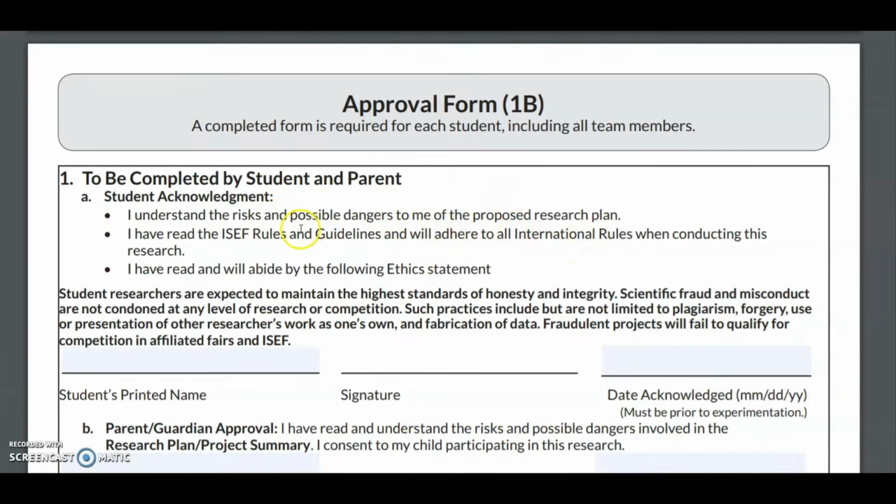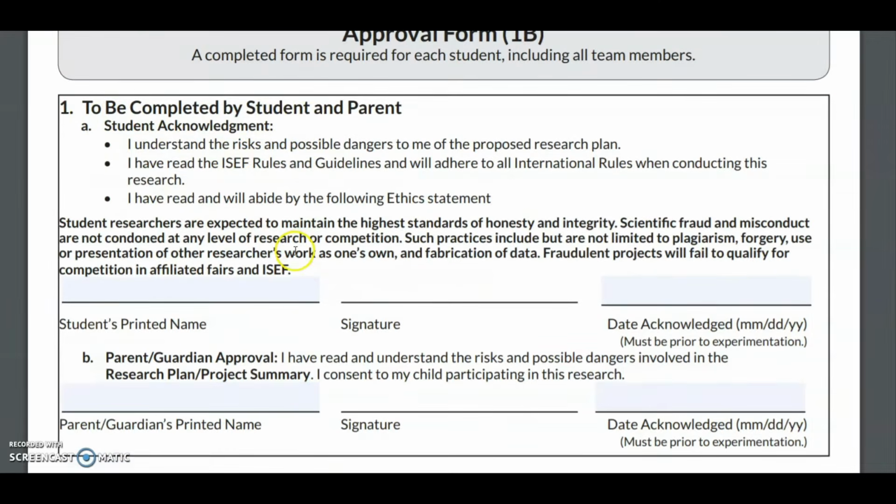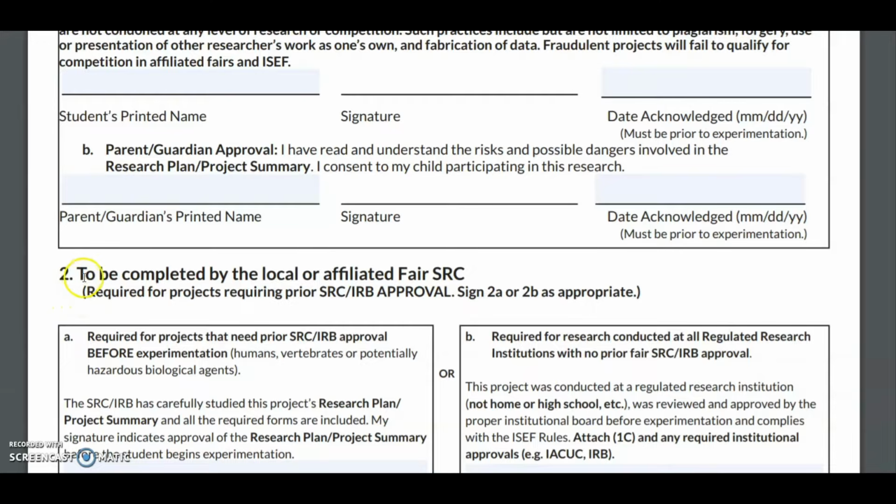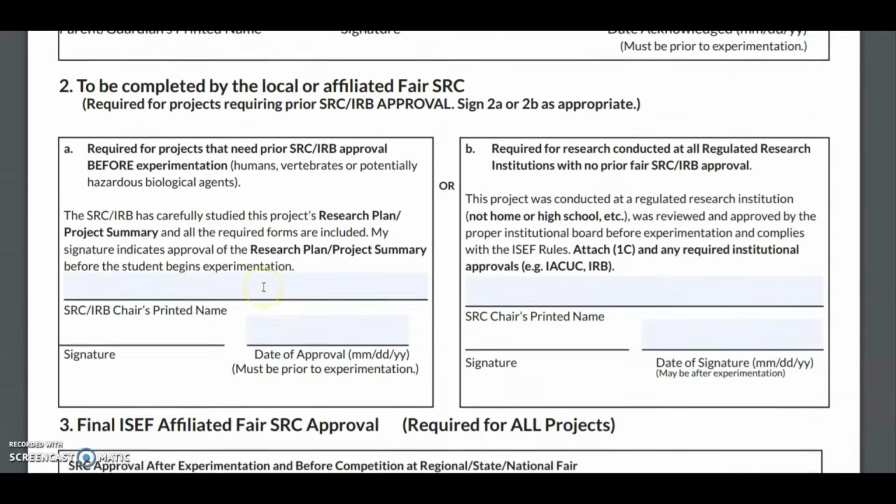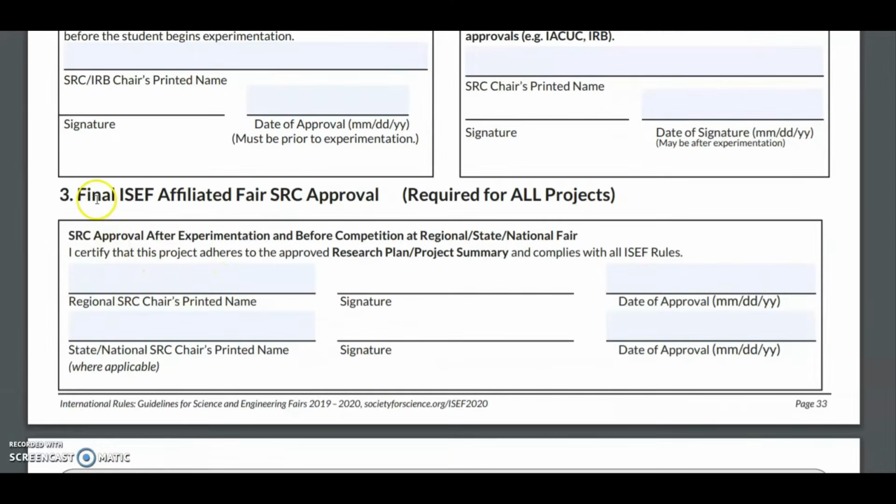Okay, this form is divided into 3 parts. Part 1, to be completed by the student and the parent. Part 2, it should be completed by the local or affiliated fair SRC. Next, Part 3 is the final ISEF affiliated fair SRC approval, and this is required for all projects.